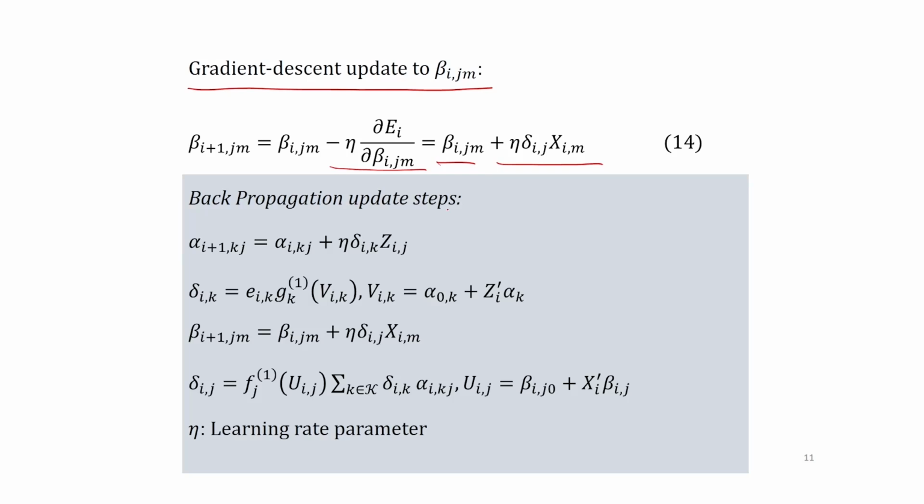So, the back propagation update steps are: alpha_{i+1,kj} equal to alpha_ikj plus eta delta_ik Z_ij. Delta_ik is equal to E_ik g_k1(V_ik), where V_ik is equal to alpha_k0 plus Z_i transpose alpha_k. Then beta_{i+1,jm} is equal to beta_ijm plus eta delta_ij X_im, and delta_ij here is equal to f_j1(U_ij) summation over k delta_ik alpha_ikj, where U_ij is equal to beta_ij0 plus X_i transpose beta_ij, and eta is the learning rate parameter.